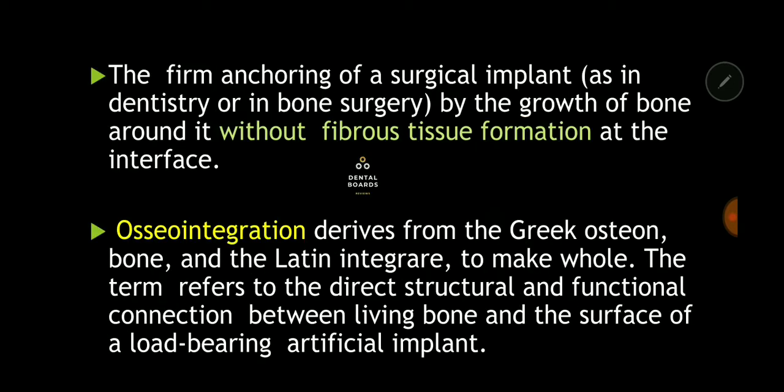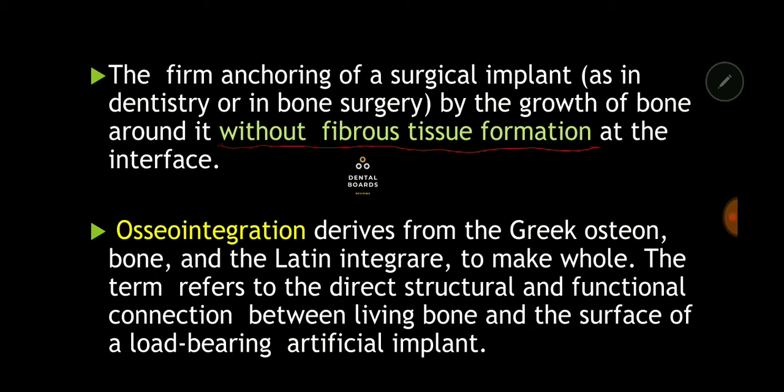So it has to be biocompatible also. It is the firm anchoring of a surgical implant in dentistry or bone by the growth of bone around the implant without fibrous tissue formation. That's another consideration of osseointegration. There has to be no fibrous tissue connection, because fibrous connective tissue formation between the bone and the implant is going to cause mobility of the implant, leading to implant failure.